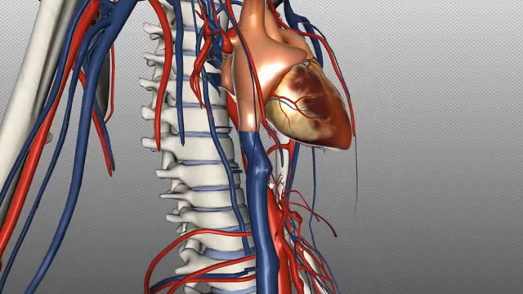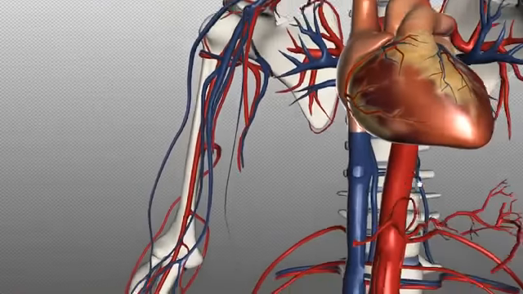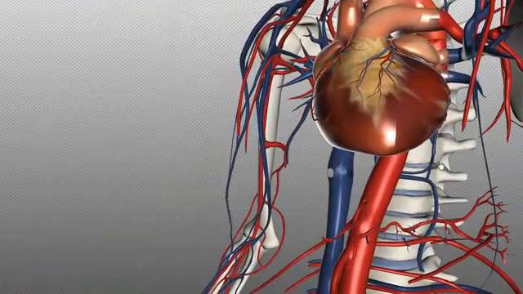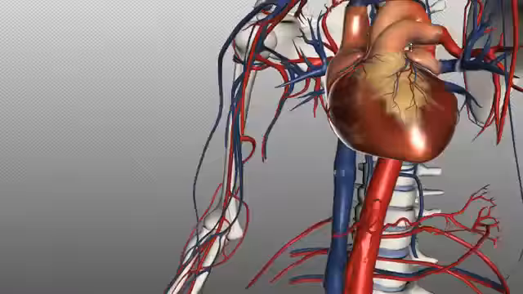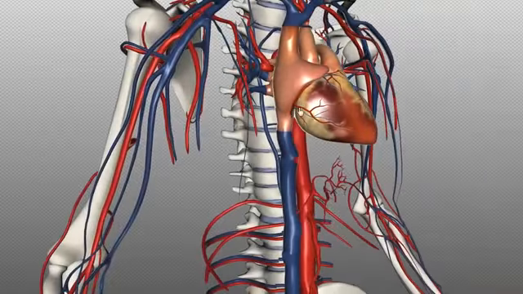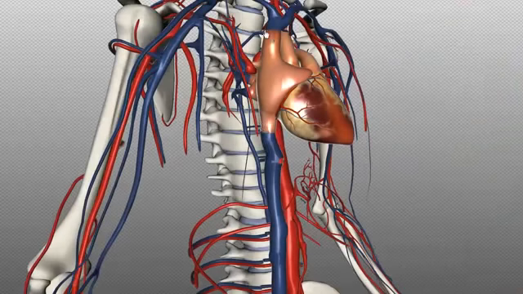So this is the azygos vein, and that runs on the right side, and you've got the accessory and hemiazygos veins which run up the left side of the vertebra. So that's the azygos system, which runs on the anterior surface of the vertebral bodies and drains into the superior vena cava.